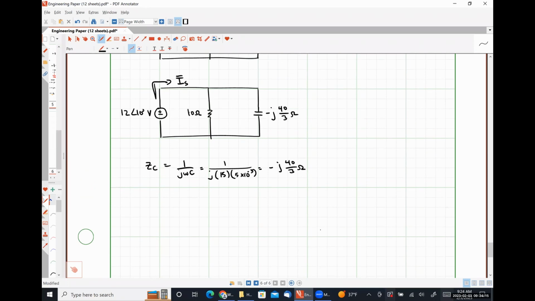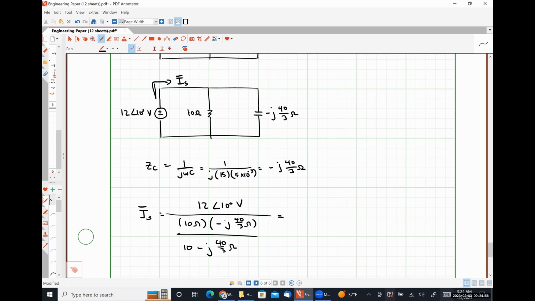I would argue that Is is just 12∠10 degrees volts divided by 10 ohms times negative j 40/3 of an ohm over 10 minus j 40/3 of an ohm, because I'm just treating those two impedances like they're in parallel, because they're impedances in parallel.